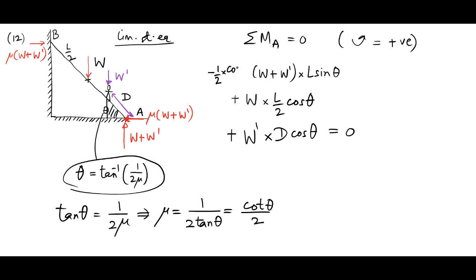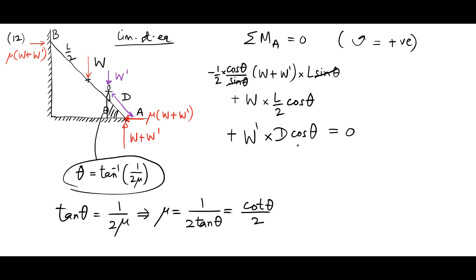Cot theta is cos theta over sin theta. I'll prefer to express it that way. Now you know that sin theta is not equal to 0, because that would mean that theta is equal to 0, and that's not true. So this sin theta you can cancel, since it's non-zero. So what that leaves us with is minus half cos theta.